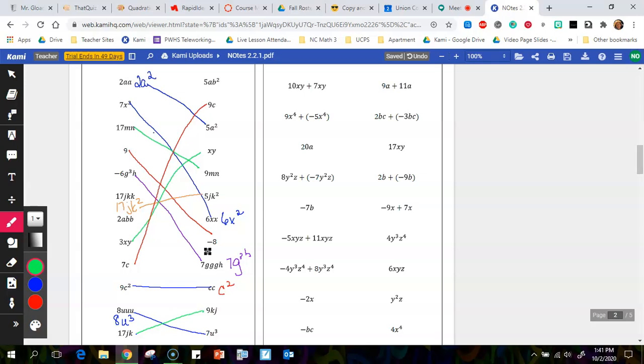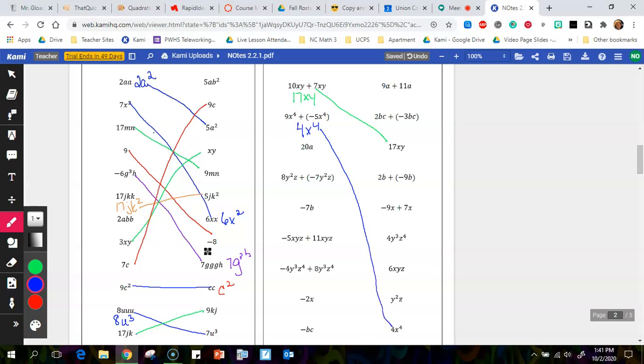Okay, so anytime they have them added, they have a plus sign between them, we're going to add them together. So 10xy and 7xy, 17xy. There it is right there. This is 4x to the 4th. It's way down there at the bottom.